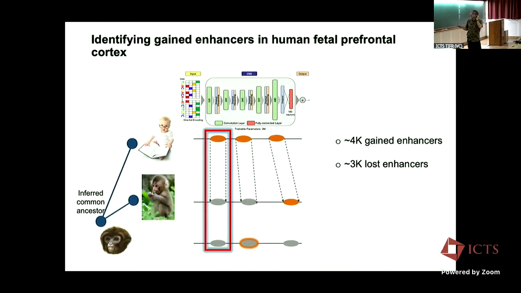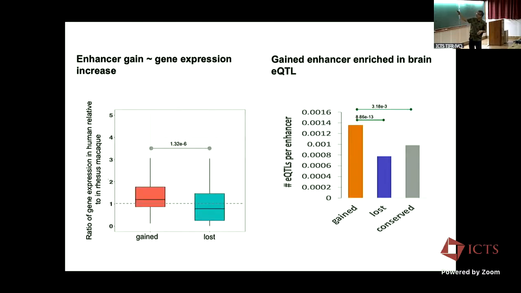Okay, so we apply our model to all the mutations that we detected in the human lineage that fell in one of these cases. Okay, sorry, right now there's no mutation. I apologize. This is just about the enhancer gain and loss. So we detected that many gained and lost enhancers, and did some tests. Gained enhancers have higher expression in human compared to macaque. These gained enhancers are more enriched for the EQTLs in brain, which is nice, not the lost ones because they don't work in human.